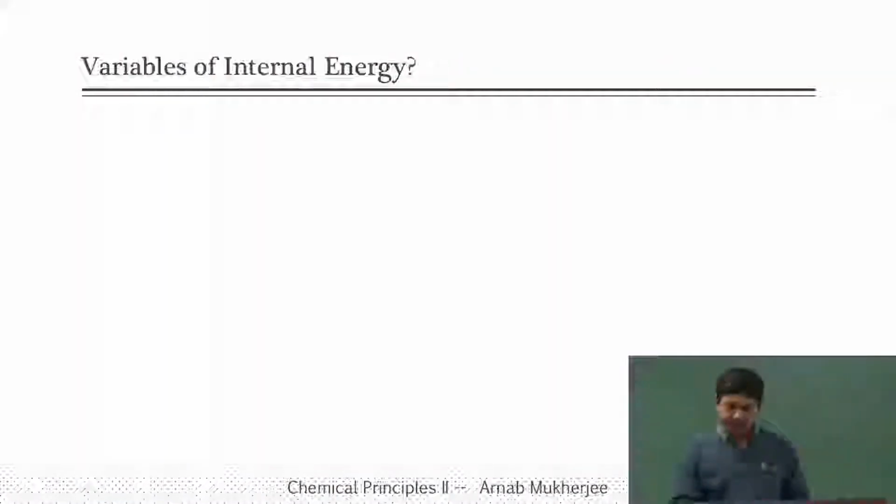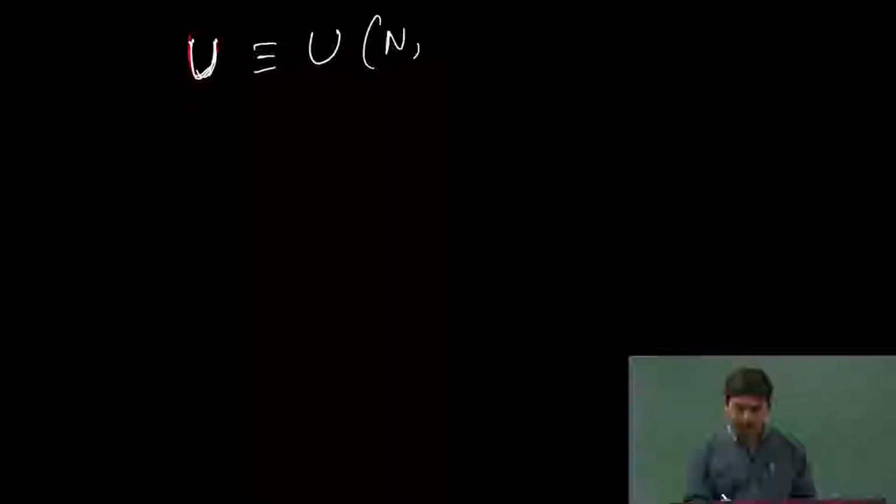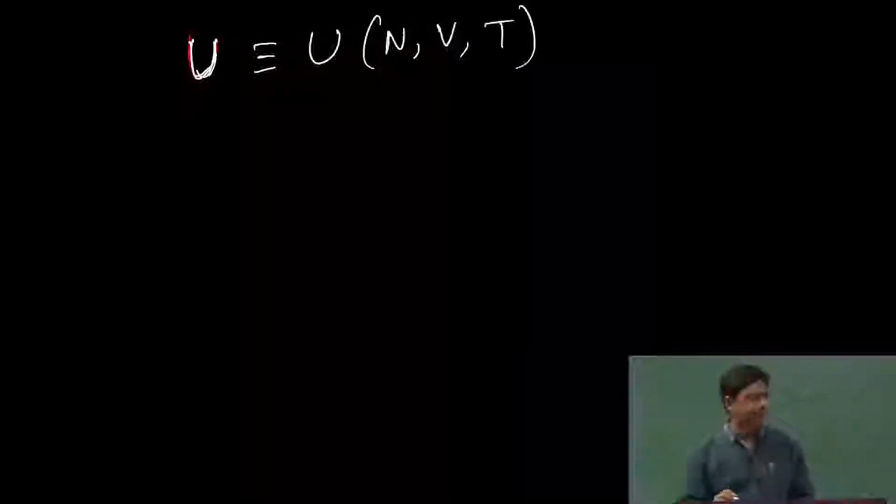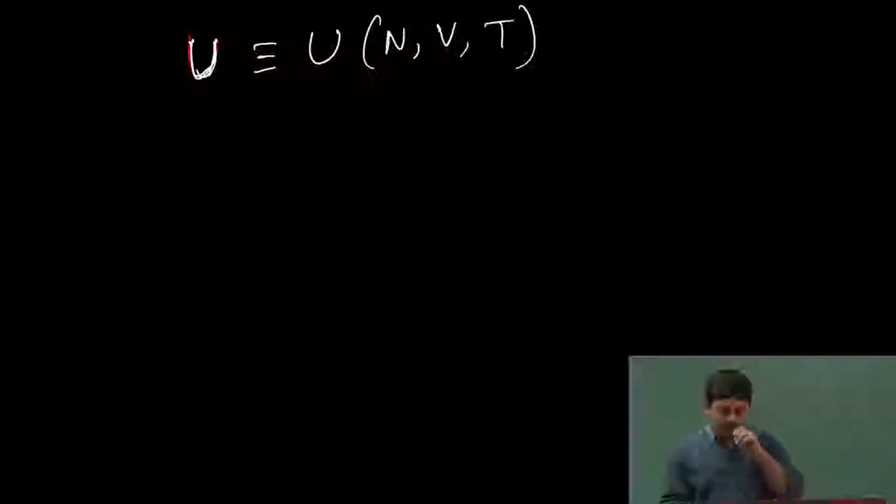We say as a postulate that internal energy U is a function of n, V and T, 3 variables. By that it means that for a one component system it will depend on number of moles, volume and temperature. Therefore, for a one component system there are 3 independent variables.